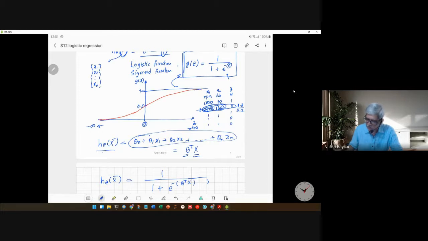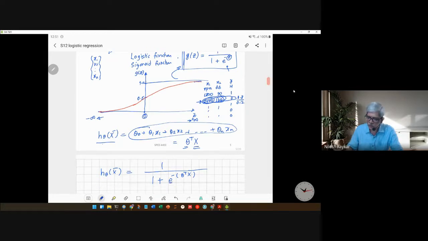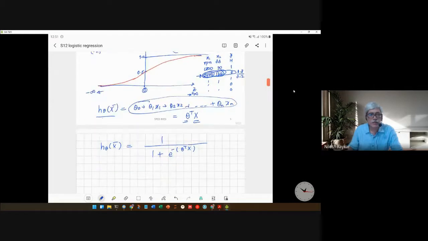That is how the hypothesis function or the prediction function for logistic regression is used. In the more expanded form, this would be e raised to minus theta 0 plus theta 1 x1 plus theta 2 x2 and so on.